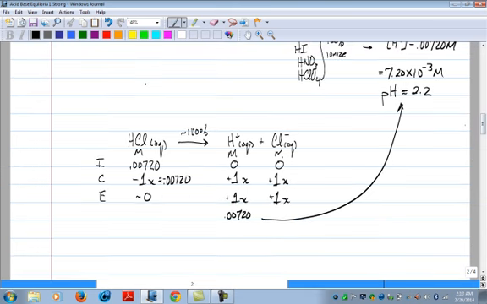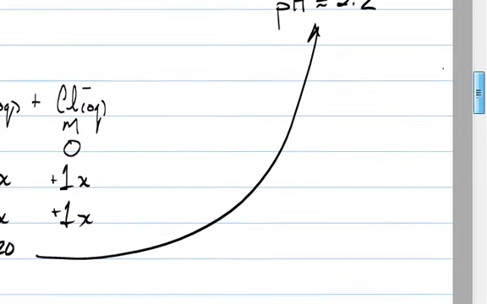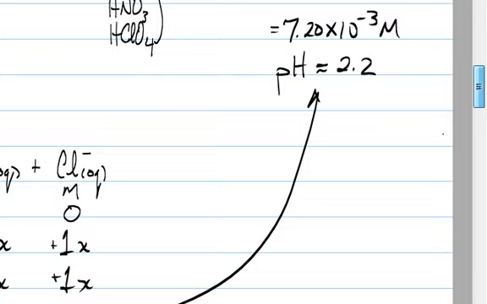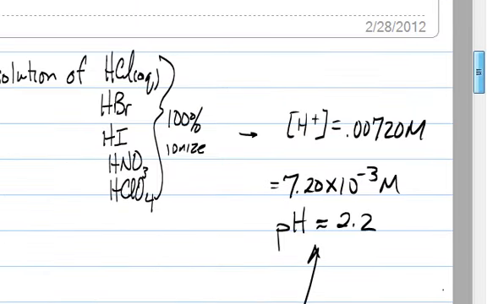Now here's an example of when you actually would need an organizer to not reach a misleading and wrong answer. Can you just take the molarity of any strong acid and just take the negative log of that number and get the pH?